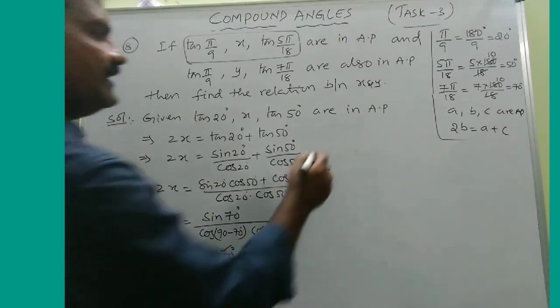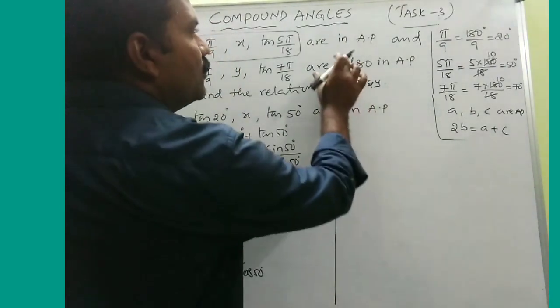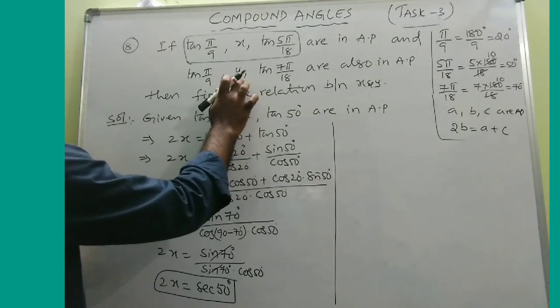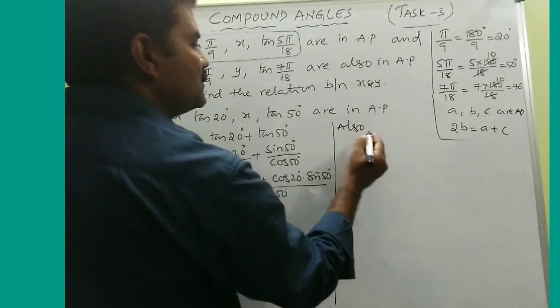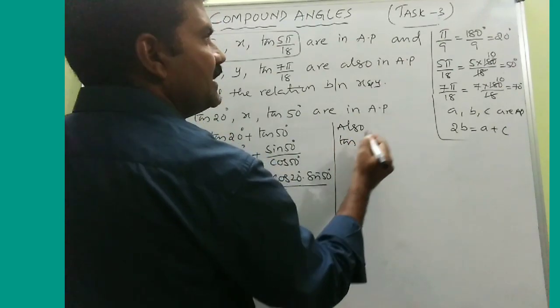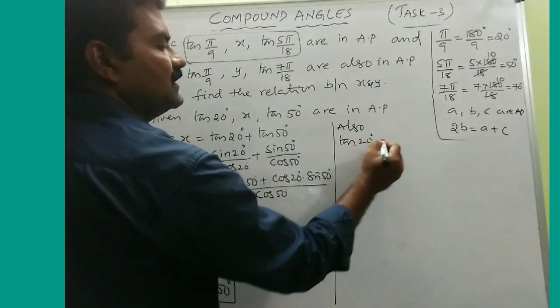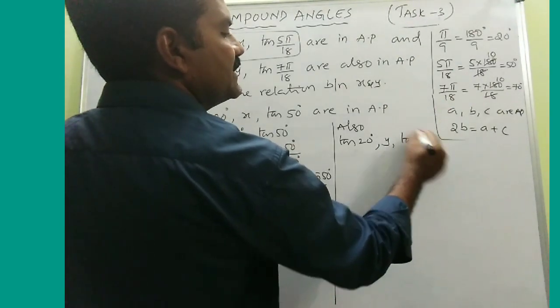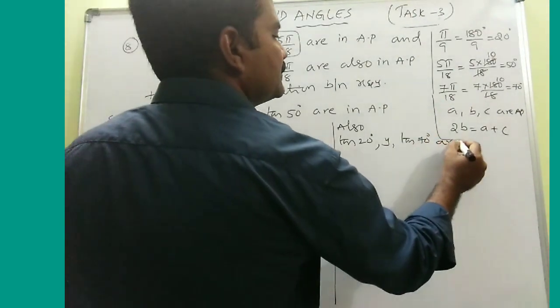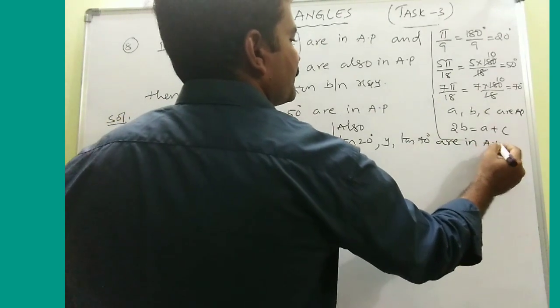In the same way, my dear, go for the second one. This is also in AP, no? So what is this? Tan pi by 9 is nothing but 20 degrees, comma y, and tan 7 pi by 18 is nothing but 70 degrees, are in AP.